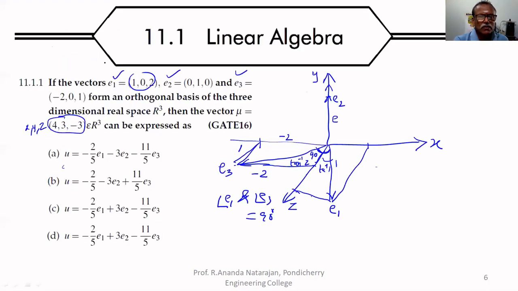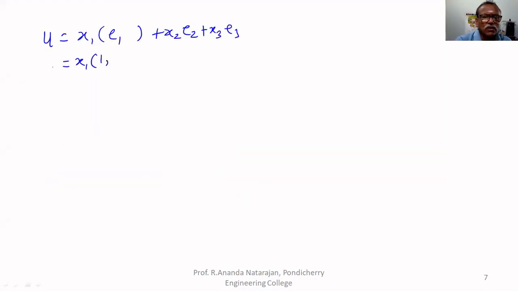Let's assume that U equal to x1 E1 plus x2 E2 plus x3 E3. That is equal to x1 times 1, 0, 2, plus x2 times 0, 1, 0, plus x3 multiplied by E3, which is -2, 0, 1.